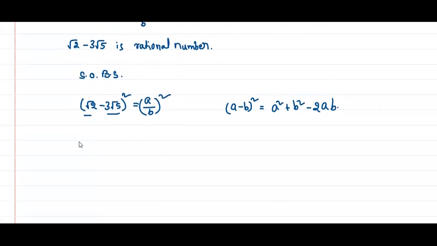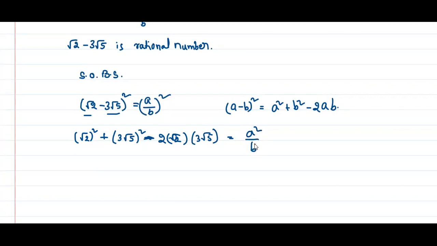A square is nothing but root 2 whole square, plus b square is 3 root 5 whole square, minus 2 a is nothing but root 2 into b is 3 root 5, is equal to a square by b square. So here the square root gets cancelled.